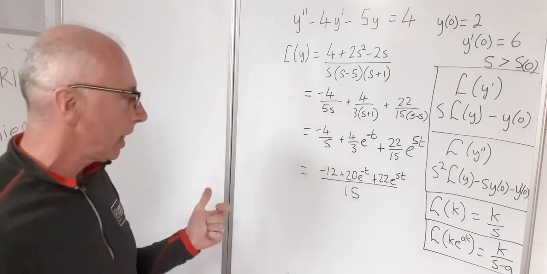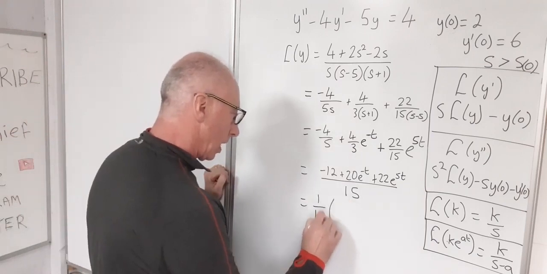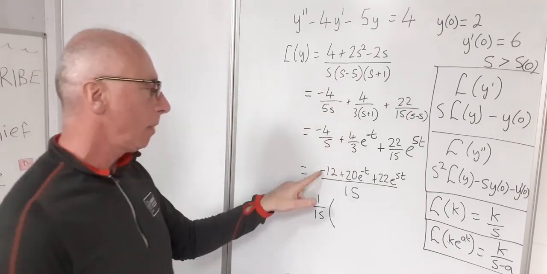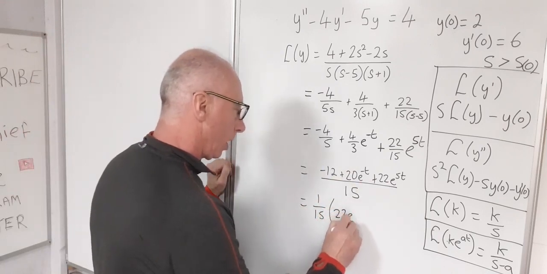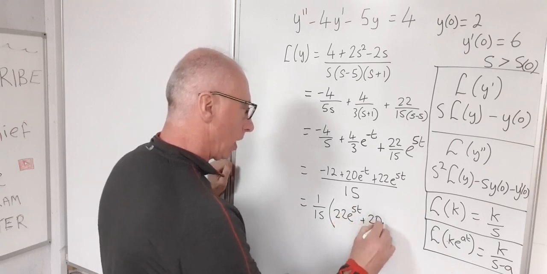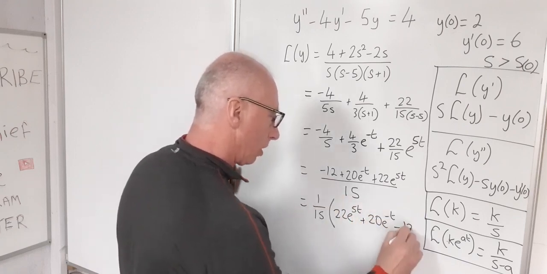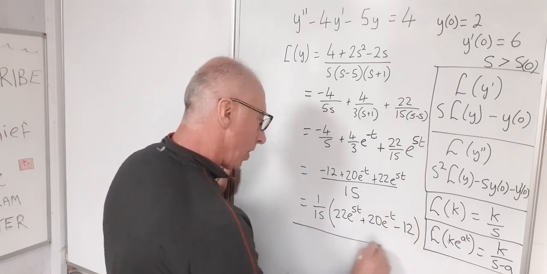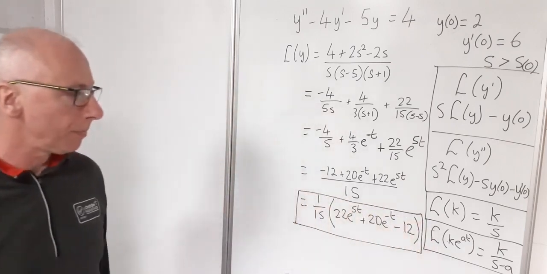So now just writing that with the 1/15 taken out. So 1/15, and then I've got to write this minus 12 further to the end. So I've got 22 e to the 5t plus 20 e to the minus t minus 12. And I'm happy with that as my solution to this initial value problem.